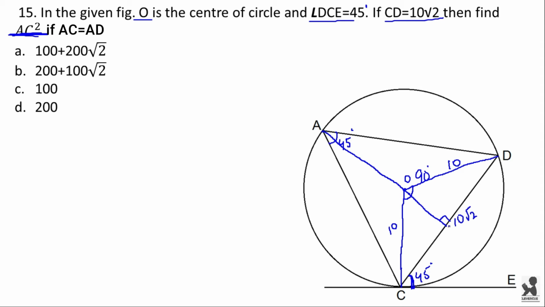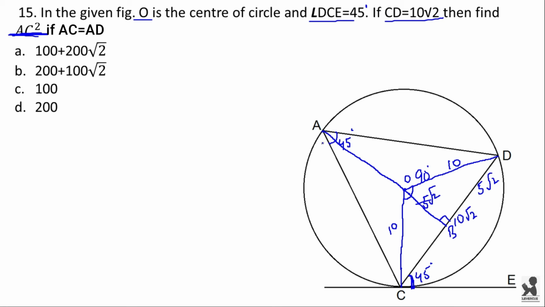If this point is B, here ACB is right angled at B. Now the length of OB will be 5 root 2. How? Because the length of BD over here is 5 root 2, and here this is 90 degrees and this one will be 45 degrees. So both will be equal over here.